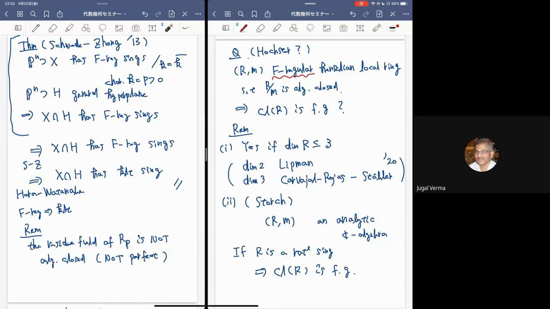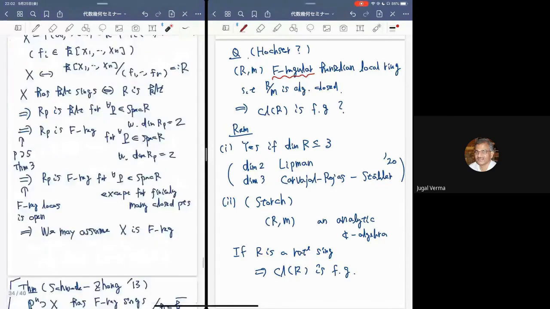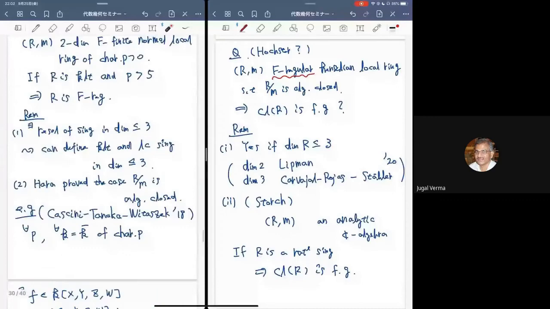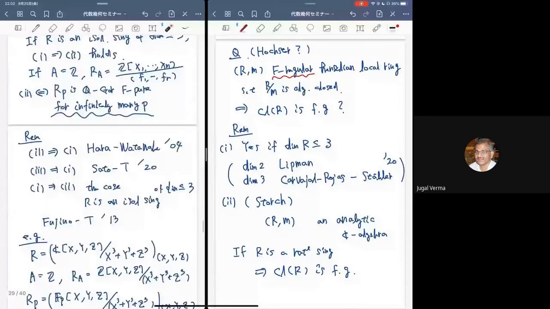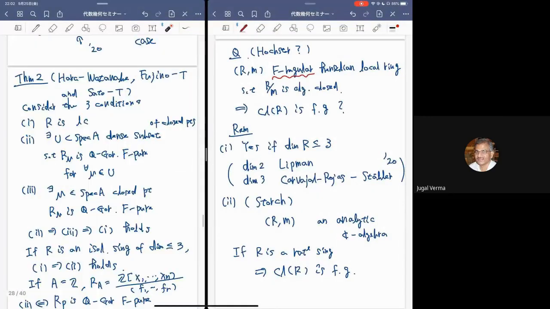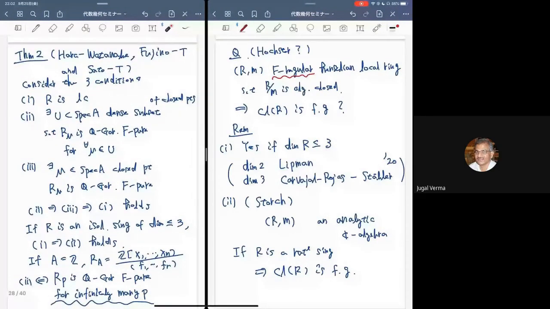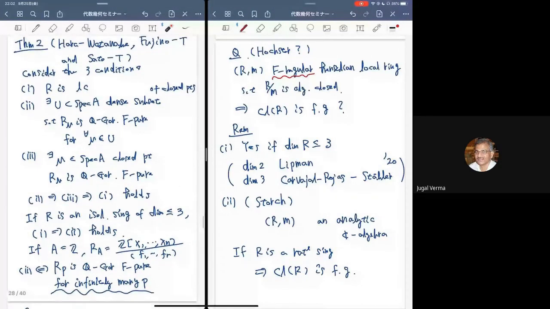I have a question on theorem 2. Theorem 2 was the characterization of log canonical singularities in terms of Q-Gorenstein and F-pure. And part 3 said that if there exists a closed point such that R_m is Q-Gorenstein and F-pure, that is equivalent to R being log canonical.